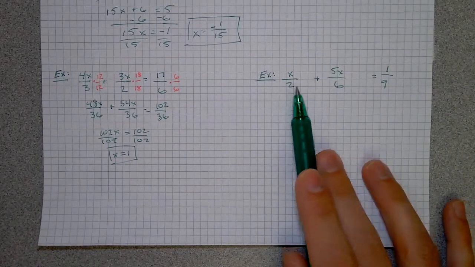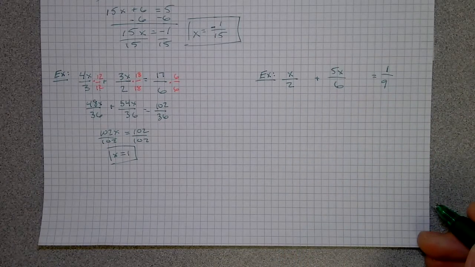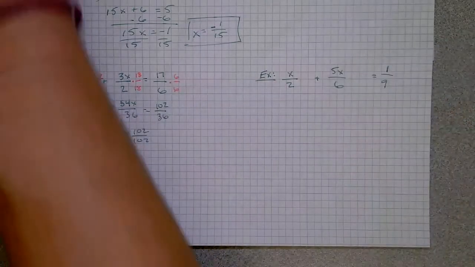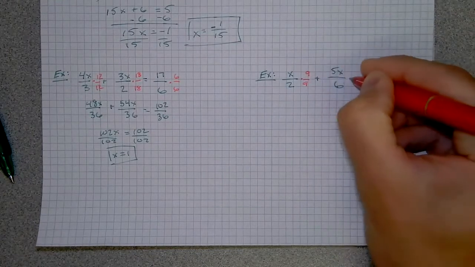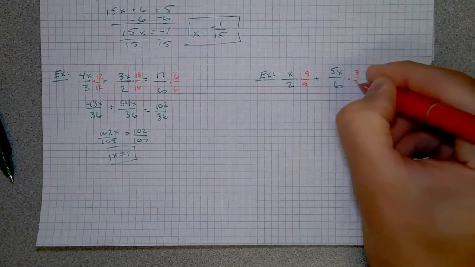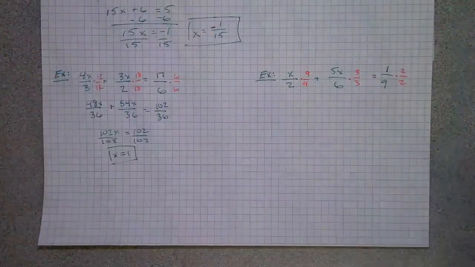Common denominator of 2, 6, and 9. Anybody? Sure. 18, right? So to get 18, I got to multiply top and bottom by 9, top and bottom by 3, top and bottom by 2.